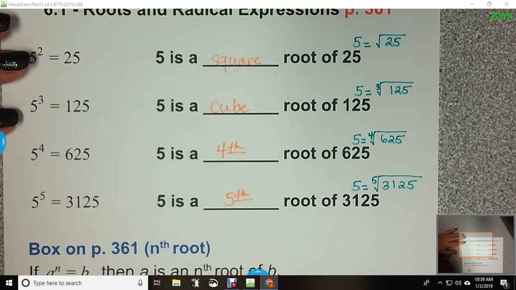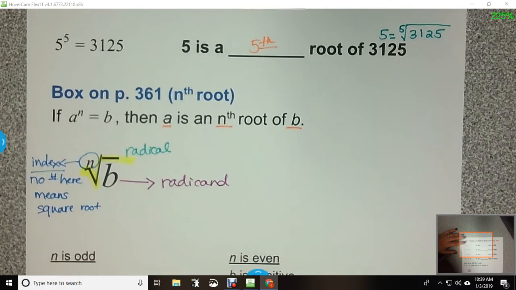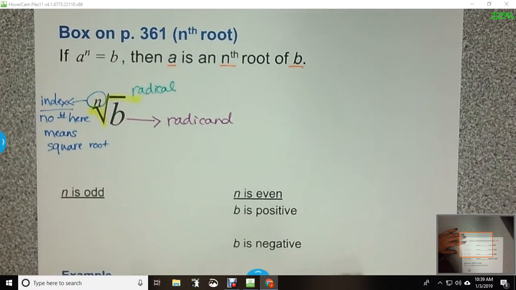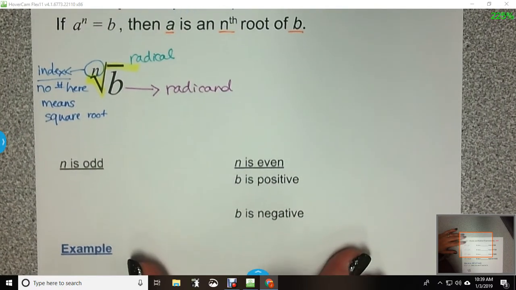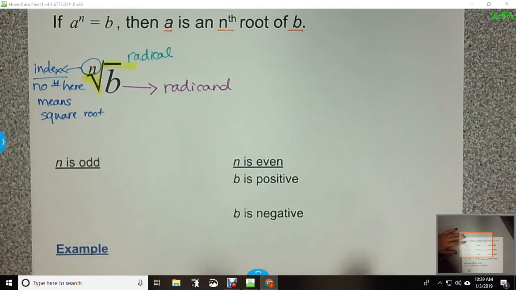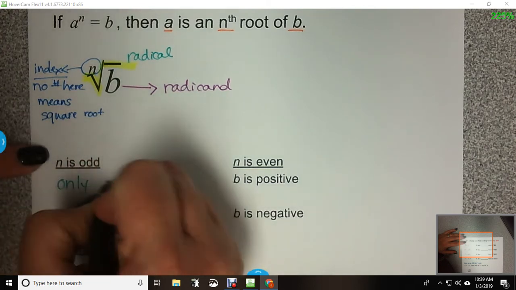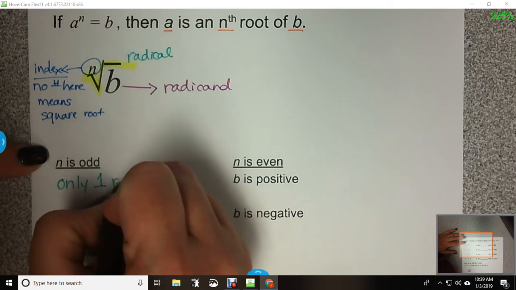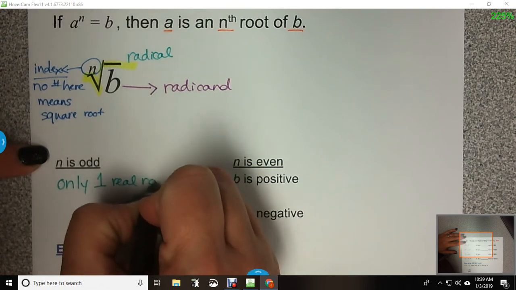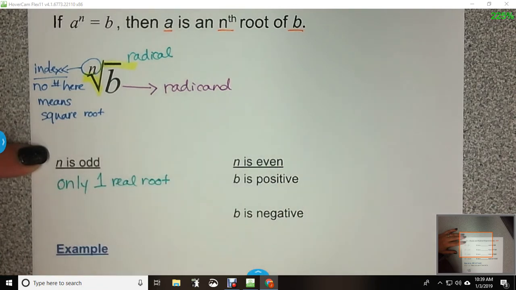So now, let's go down here to the bottom of this page. Okay, there's a couple of things that you need to know. If n, your index, is an odd number, that means that there is only one real root.